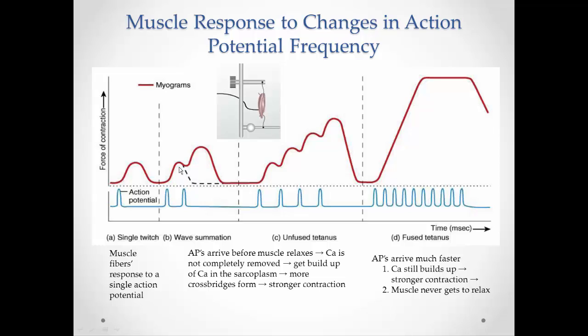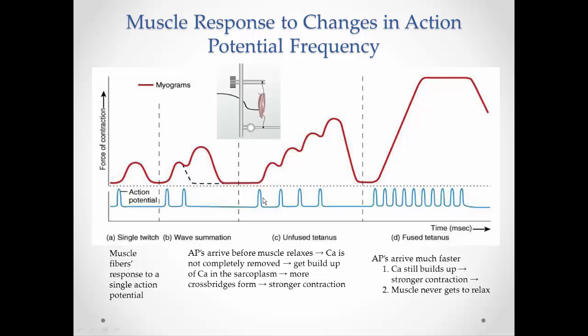Since the muscle didn't completely relax, now I've got more calcium in the cytoplasm, meaning more cross bridges, even a stronger contraction. And then eventually all that calcium is pumped back in and I get the muscle to relax.